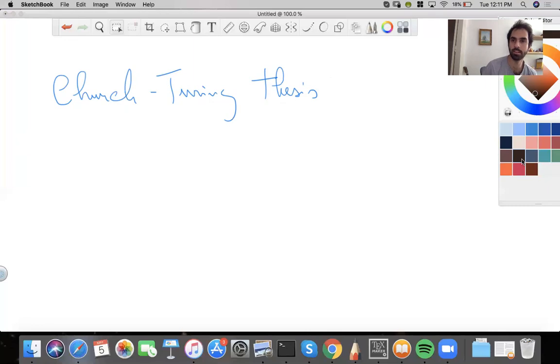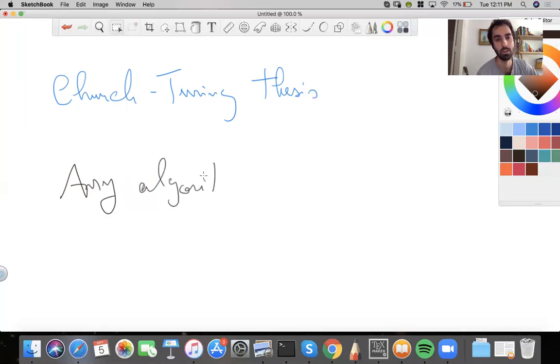Now, the Church-Turing thesis is the statement that any algorithm, which is an informal notion by the way, is this flowchart kind of thing. It's kind of informal. We know what it is, but there's no formal definition of an algorithm.